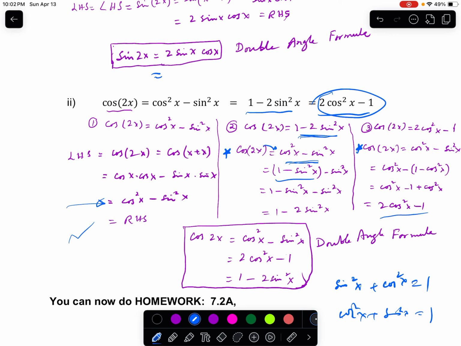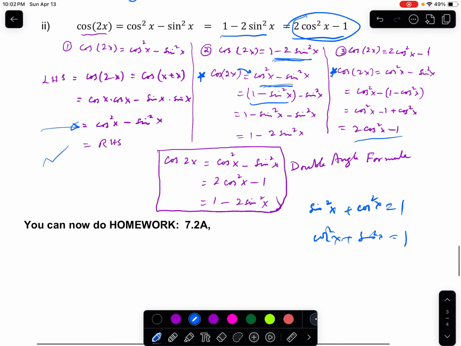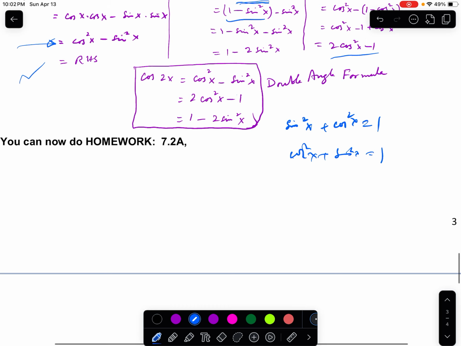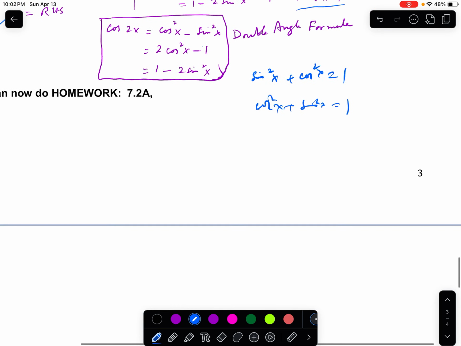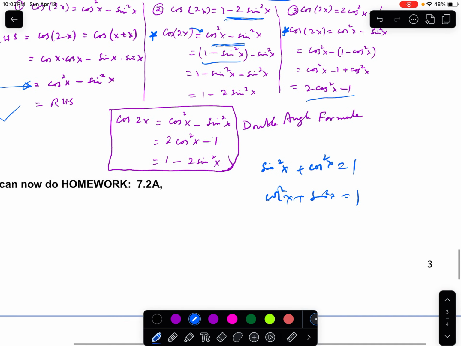So what this means is that there is one double angle formula for sine, but there are 3 double angle formulas for cosine. Cosine of 2x is the same as cosine square x minus sine square x, and cosine of 2x is the same as 2 cosine square x minus 1, and cosine 2x is the same as 1 minus 2 sine square x.